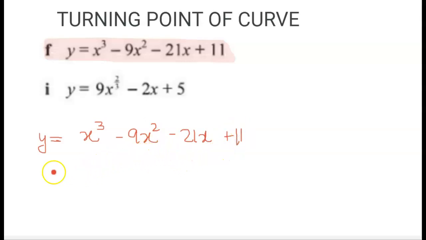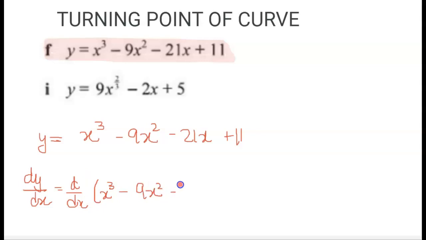Now, first I need to differentiate. Now, when you differentiate, make sure you do all the steps. I am going to skip the step, but you have to do all the steps. x cubed minus 9x squared minus 21x plus 11.